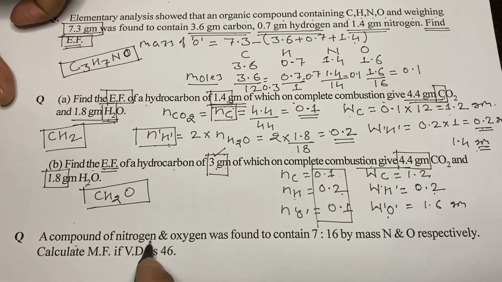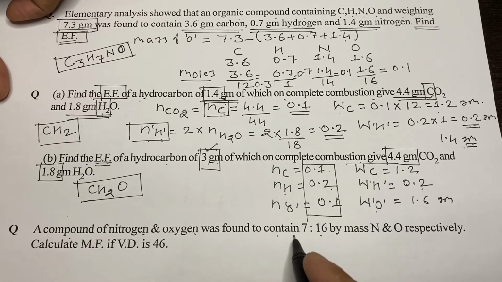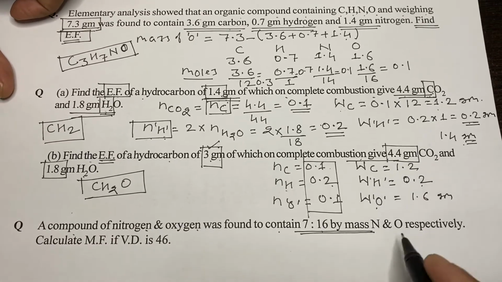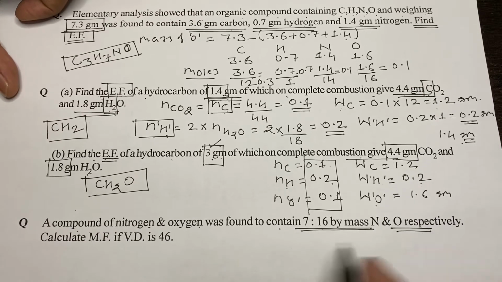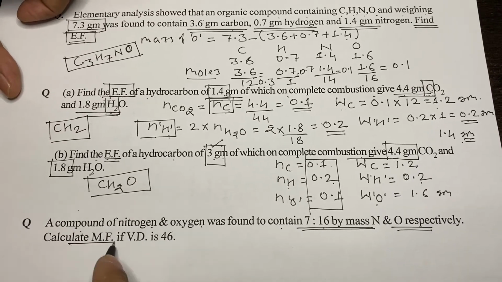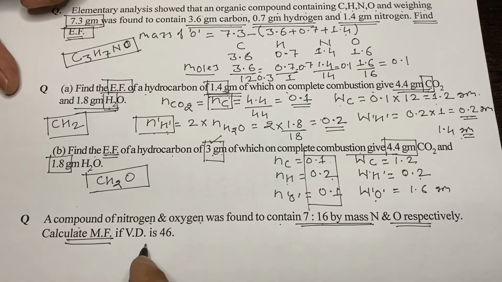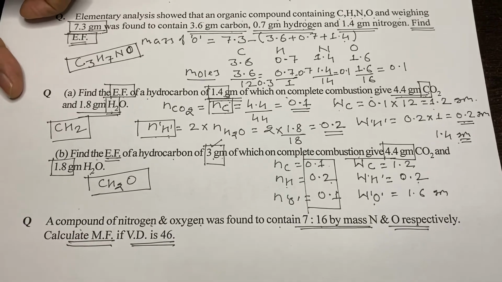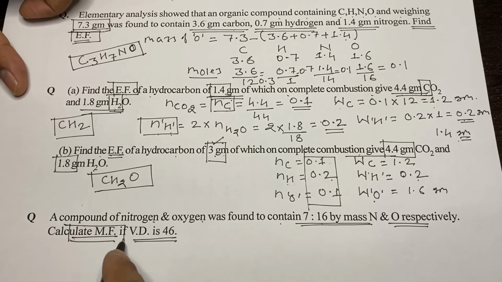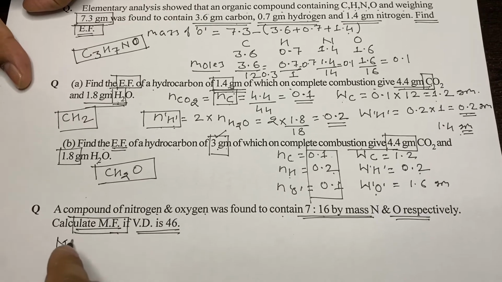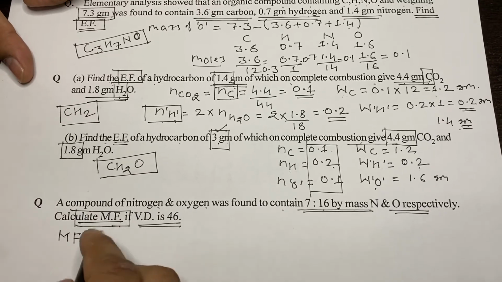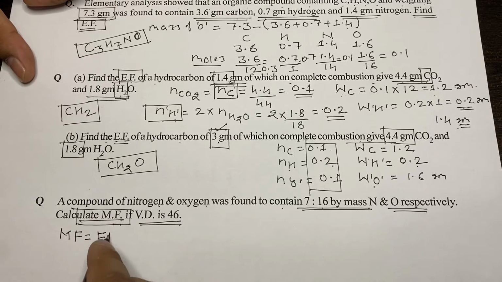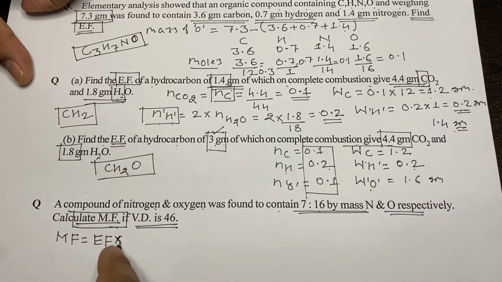A compound of nitrogen and oxygen was found to contain 7:16 by mass of nitrogen and oxygen respectively. Now the molecular formula is to be determined if the vapor density is 46. To determine the molecular formula, we will use the relation that molecular formula is equal to empirical formula into n times.